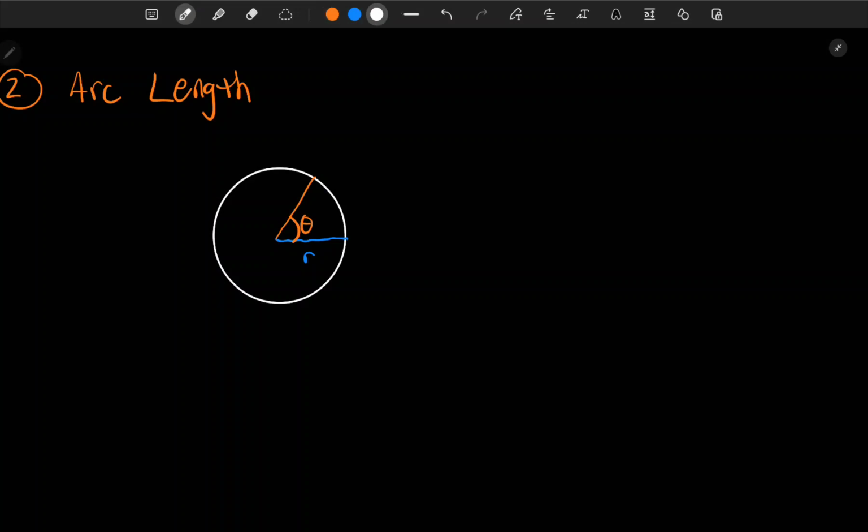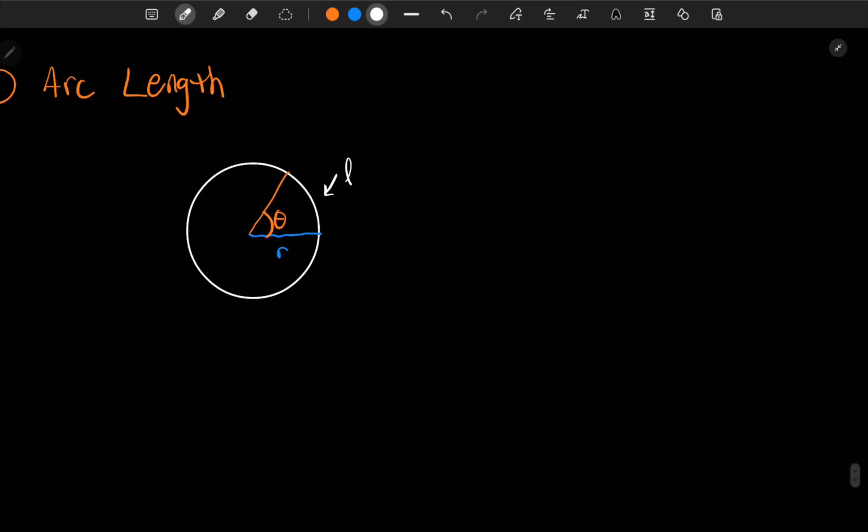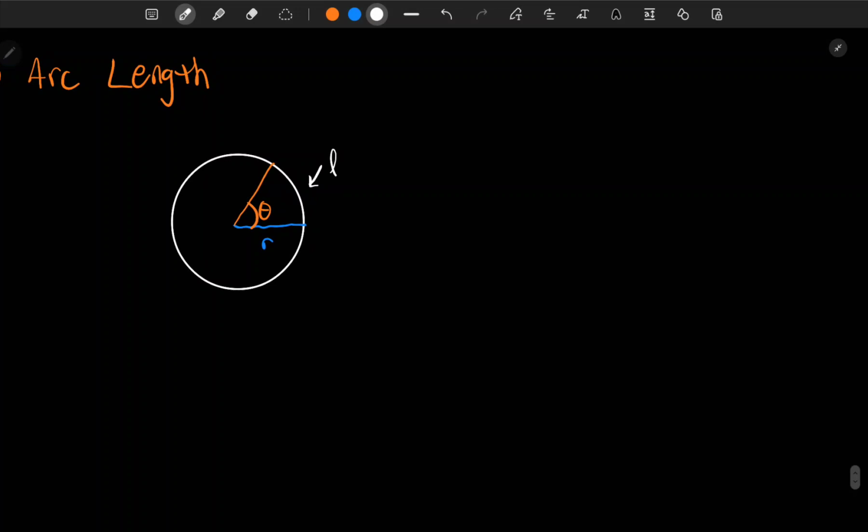And what we wish to find is what is the length of the white part of the circle between the blue and the orange. We just wish to find the length. And the length is easy to find. You may recall that it's equal to just the radius times the angle.